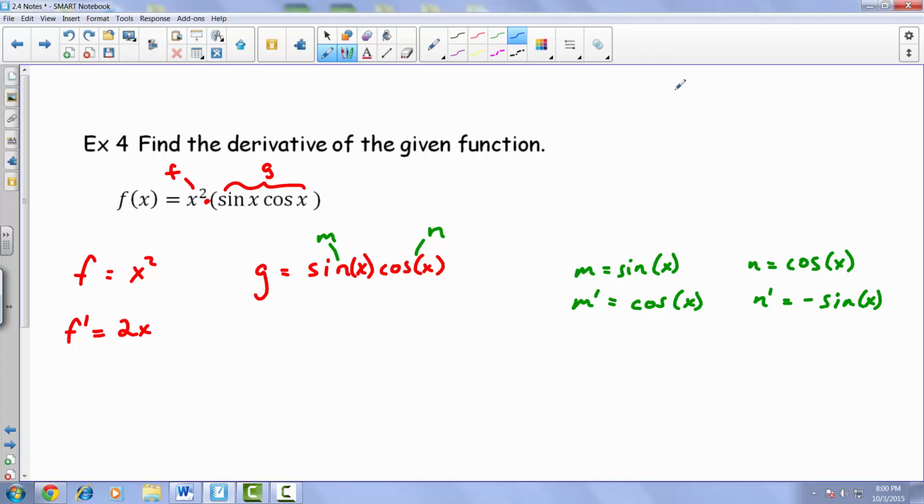Now again, just with product rule, you're going to go ahead and do your cross. So in actuality, when we're taking the derivative of g, we get g prime, and this was a product rule, which comes out to be cosine squared of x, really, because we have cosine x times cosine x. So that's again cosine squared of x.